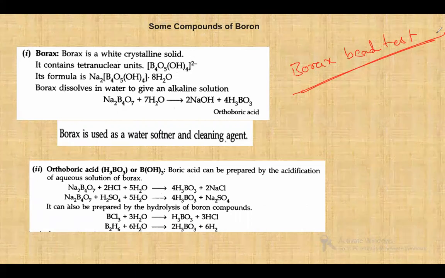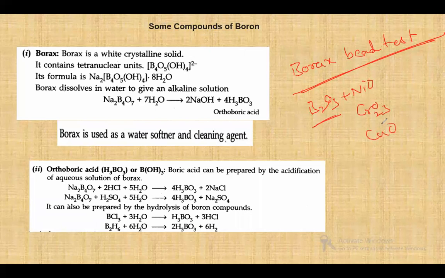B2O3 is boric anhydride, like a bead-like structure. Anhydrous boric anhydride is treated with metal oxides, especially transition metals like nickel oxide, Cr2O3 chromium oxide, or cupric oxide.